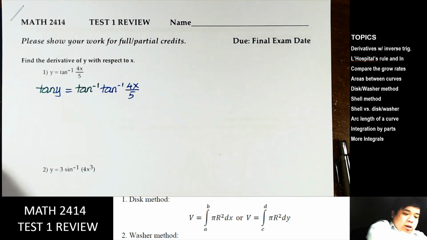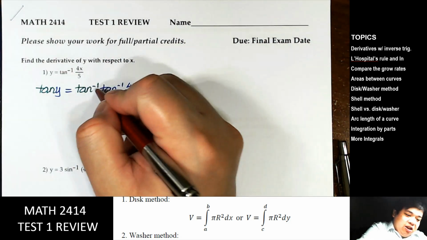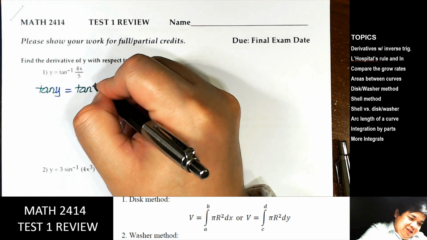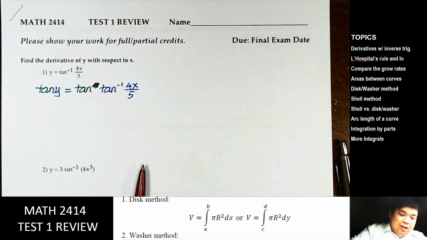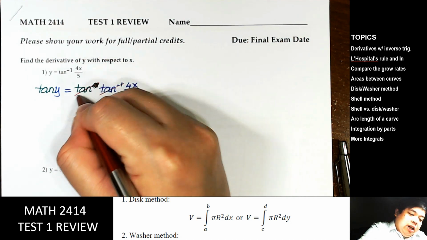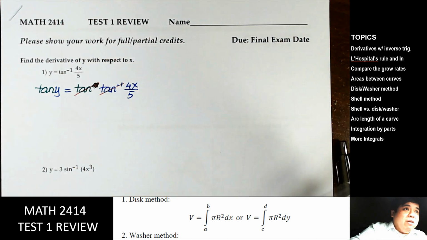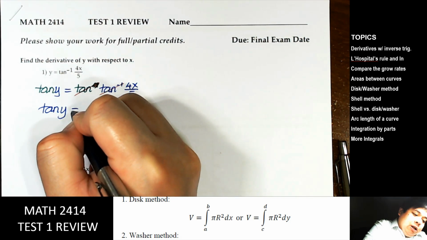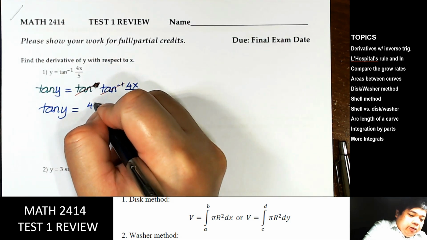Tangent, not tangent inverse. The function cancels the inverse. So we'll have tangent of y equal to 4x over 5.